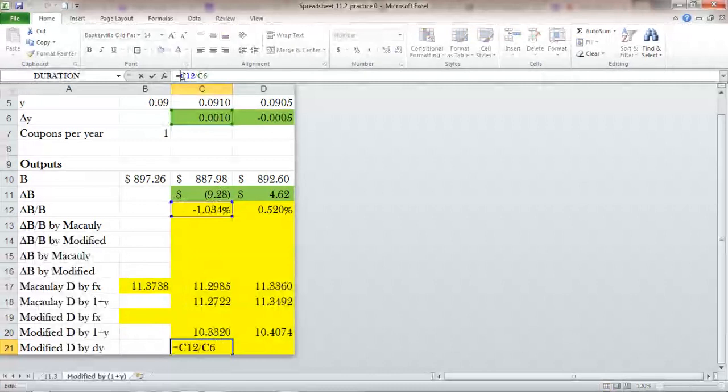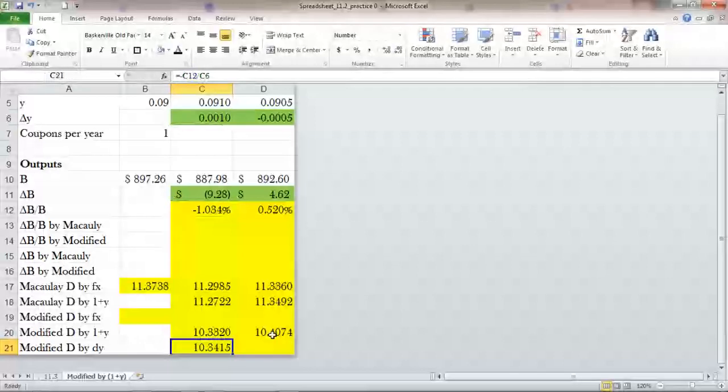I'll need to put minus sign so that this will come out as positive. But we know this is only the magnitude of change, and the direction of change is opposite. And I drag it to the right. Okay, I found modified duration.